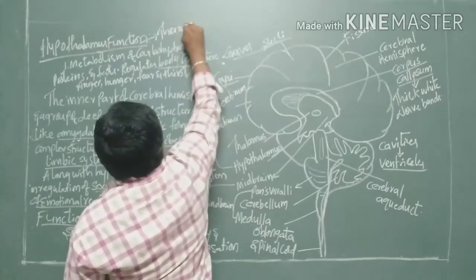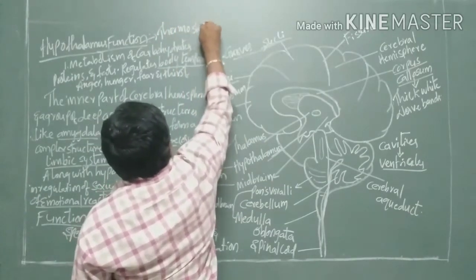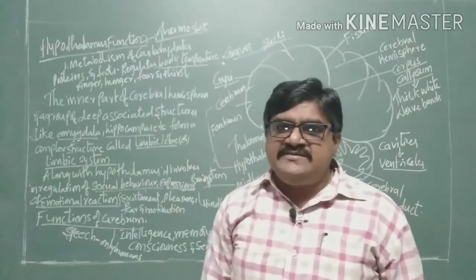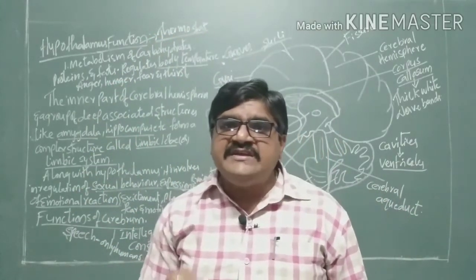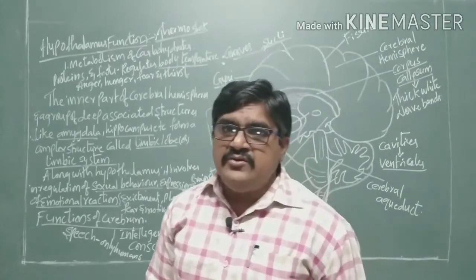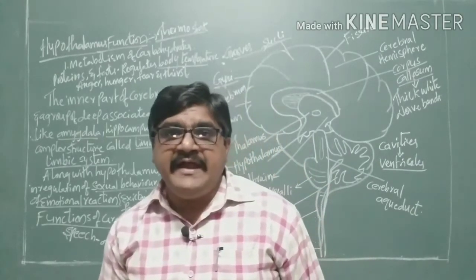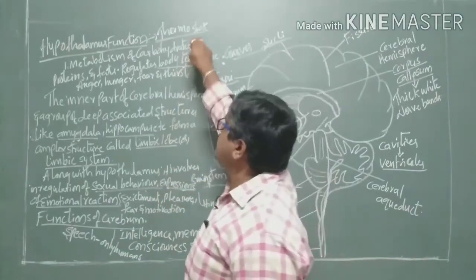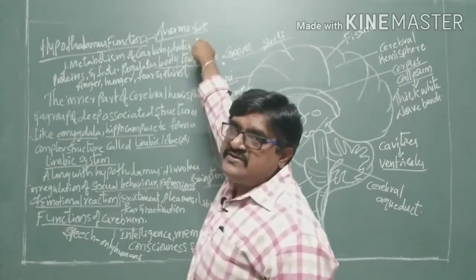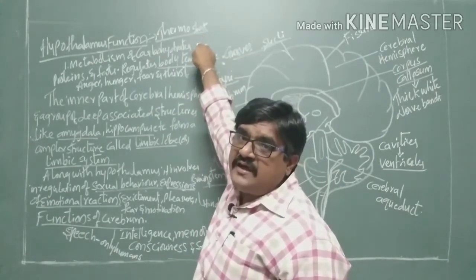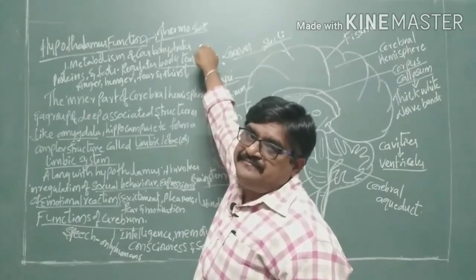It maintains a constant temperature in the body of warm blooded animals, or homeotherms. So due to the presence of the hypothalamus, it acts as a thermostat.